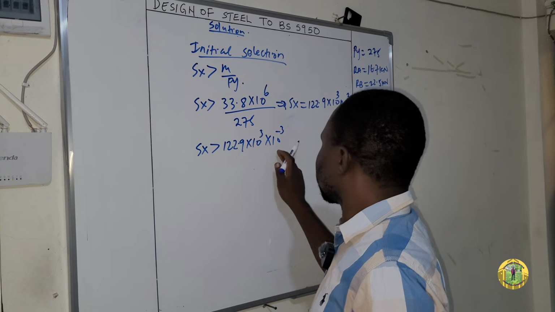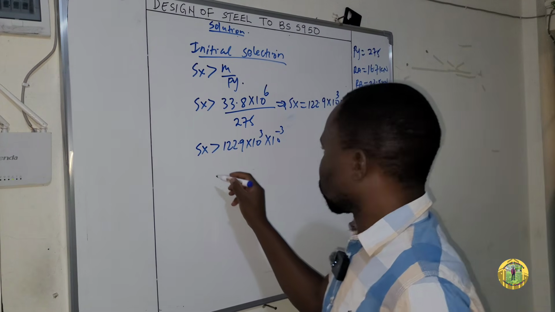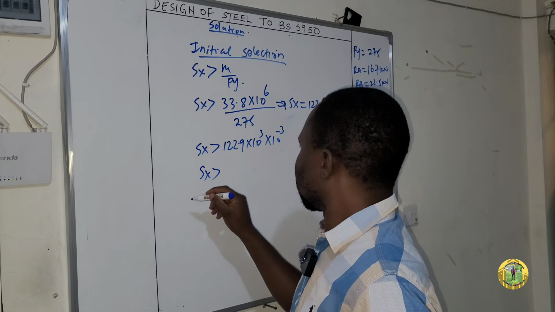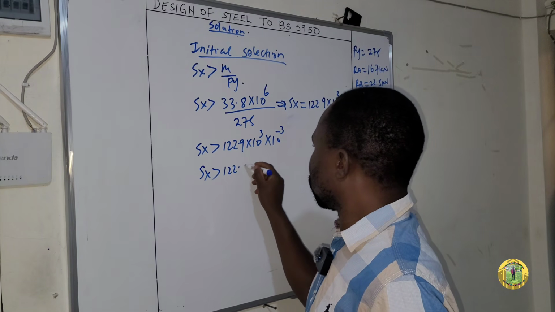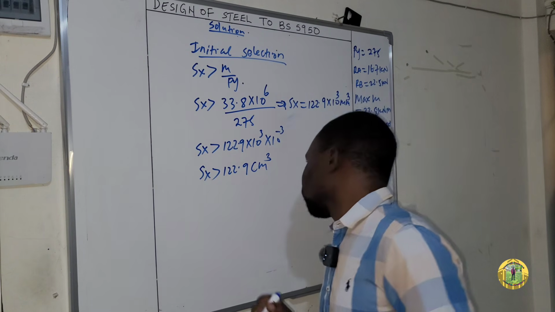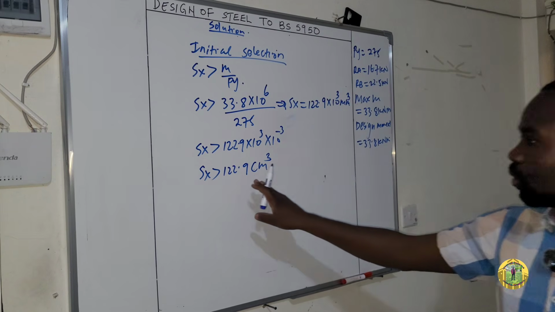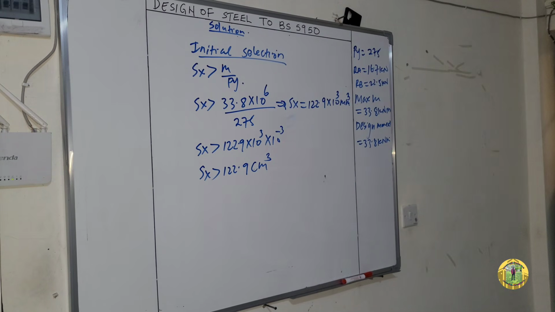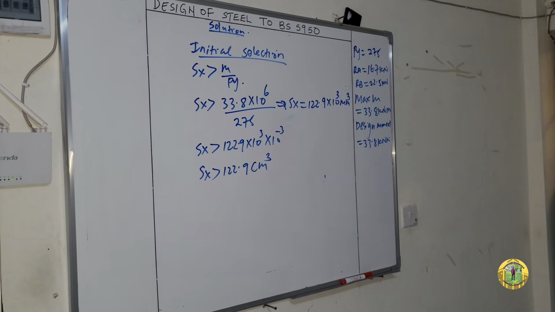So we are changing it from millimeter cubic to centimeter cubic. So therefore Sx should be greater than 122.9 centimeter cubic. So you will go to the table using this value and pick the section size of this steel. So I proceed to the table.